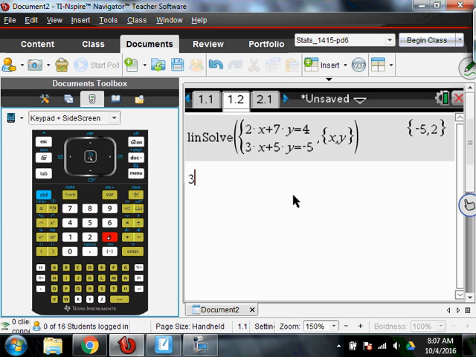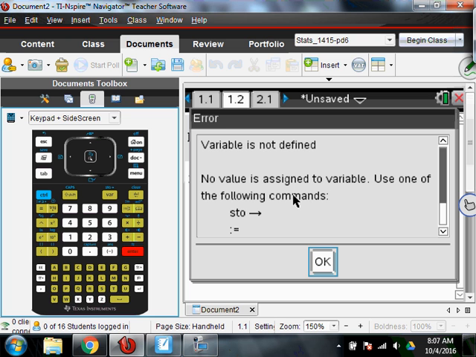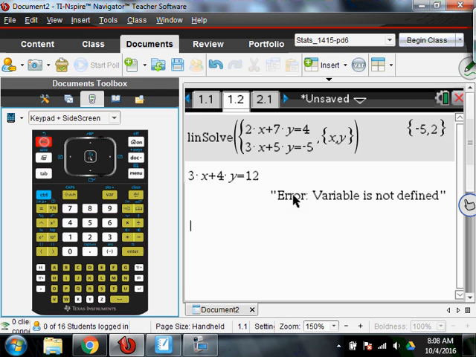Somebody will enter 3x plus 4y equals 12, and they'll press enter, and they're like, oh, I don't know what to do. Well, you didn't tell it to do anything. You got to tell the calculator what to do.